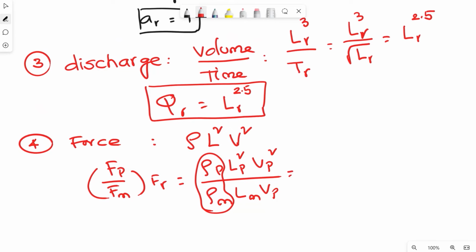So LP by LM squared is LR square, and VP by VM squared, where VP by VM is root LR, gives LR. So it will be LR cubed. So the force scale ratio will be LR cubed. This is the next point.